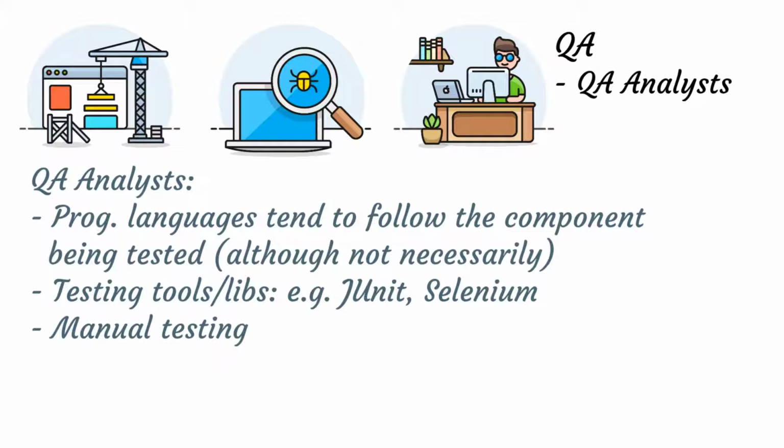And in terms of QA analysts, well, the role varies a lot depending on the company. Some companies are more interested in having QA analysts that are able to automate the tests that are done in a system. In some companies, especially in early stages of a company, QA analysts are doing more of what is called manual testing, where they basically get a testing version of the application and they do some tests manually to make sure that the application is working correctly.